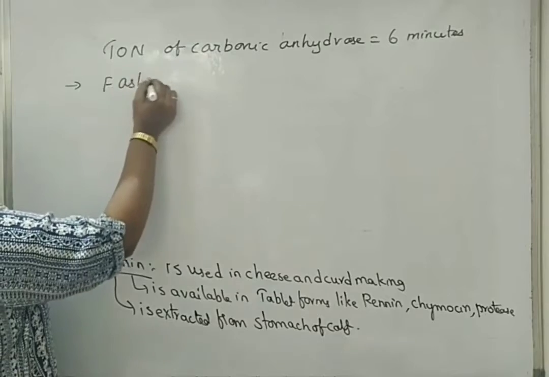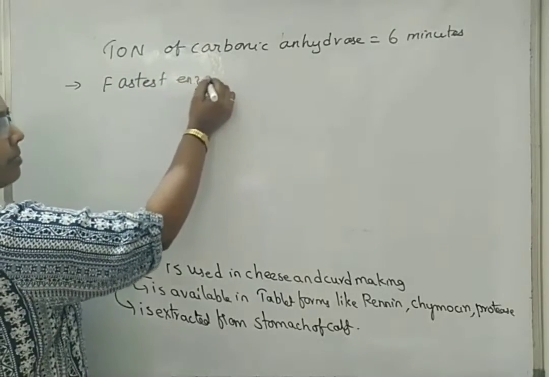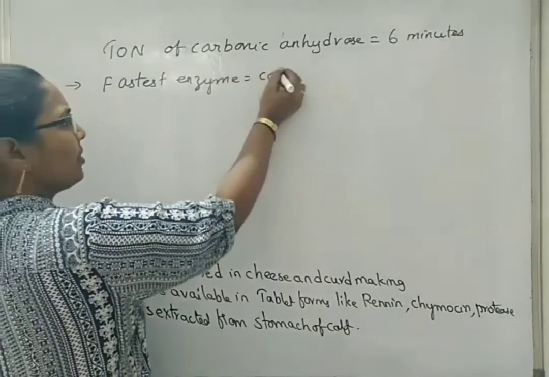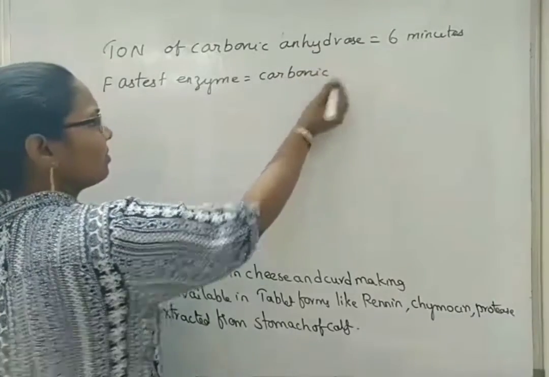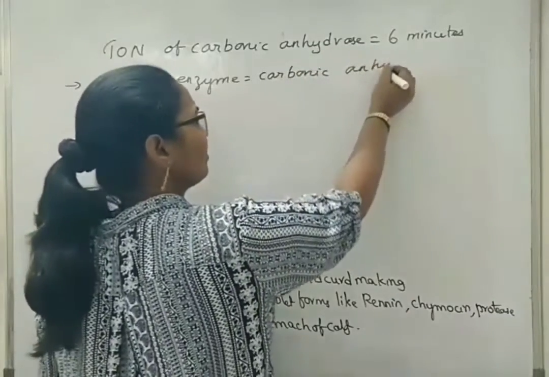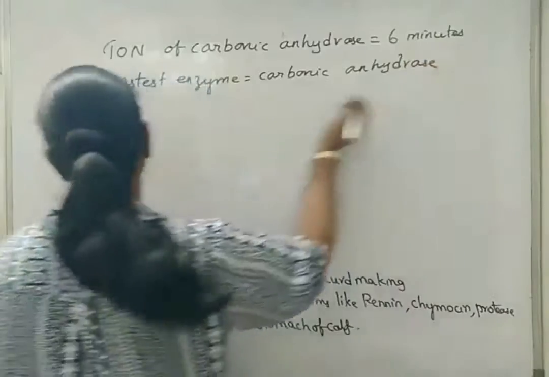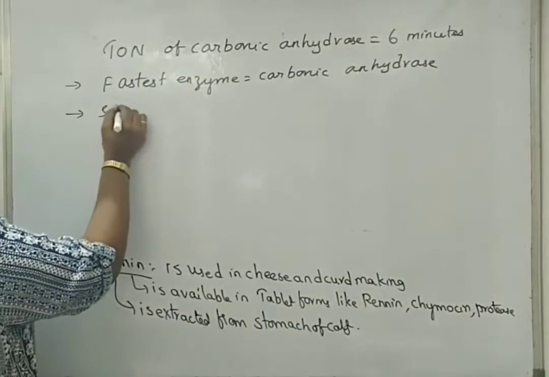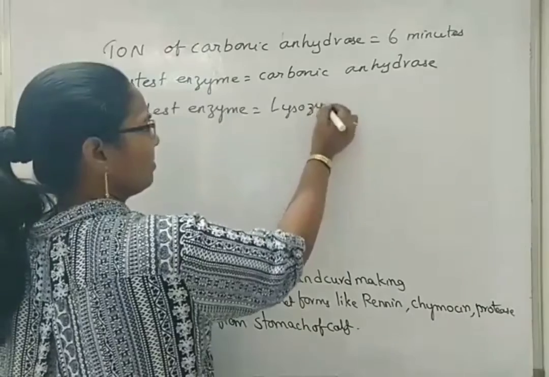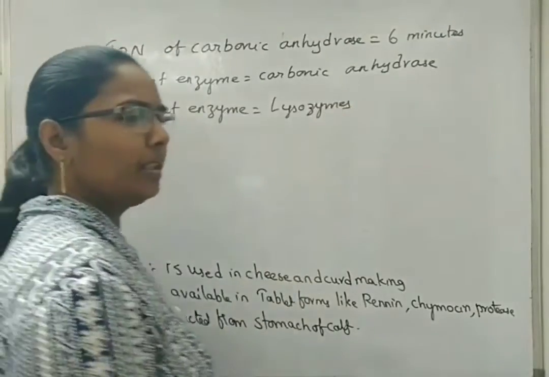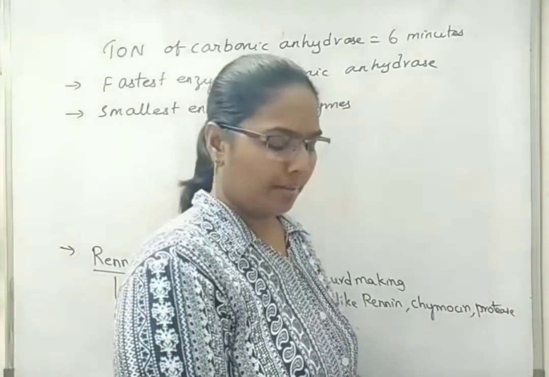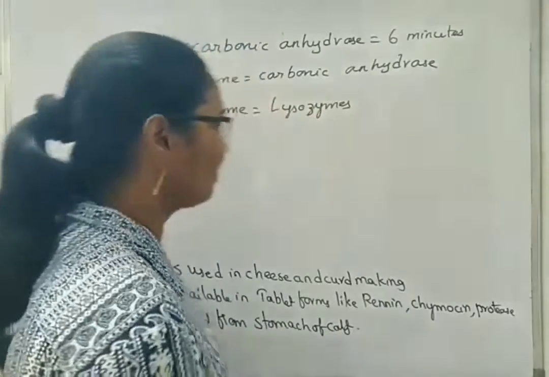The fastest enzyme is carbonic anhydrase. The smallest enzyme, lysozymes, are used to kill the bacteria.